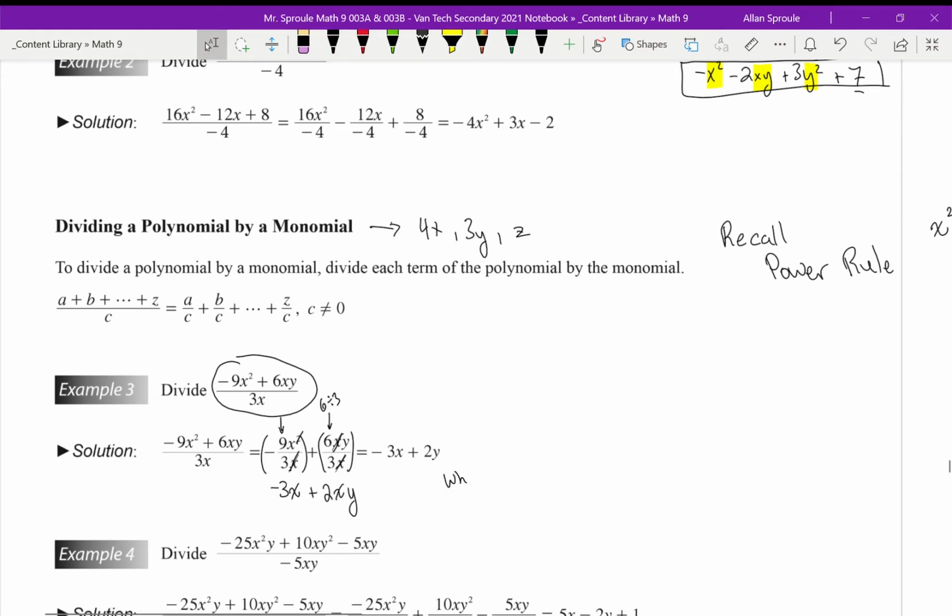So when dividing by variables, the same variables can be divided.